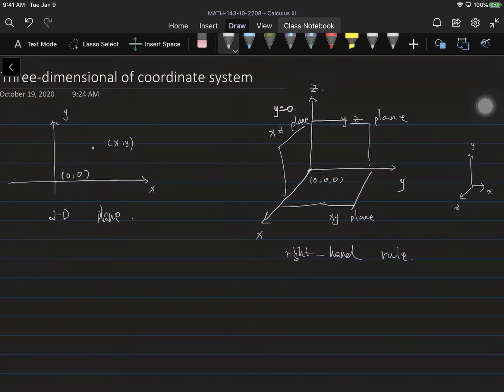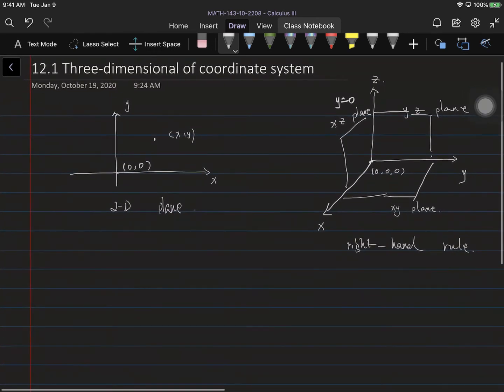Okay. Now let's take a look at the example. We are going to interpret the equations and inequalities geometrically in 3D. So given an equation or inequality, what does it look like?